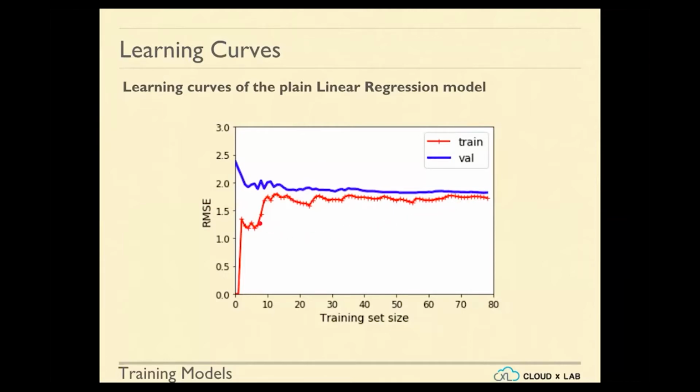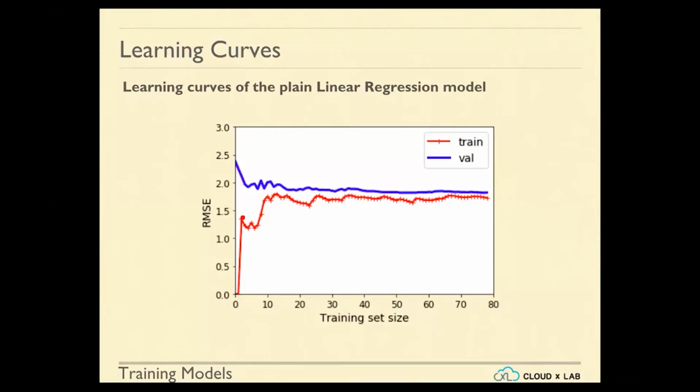But if you see at any point of time the error on the training set is really low, like here, say 1.2 here, 1.3 here, and the error on the validation set is really high, what does it mean?